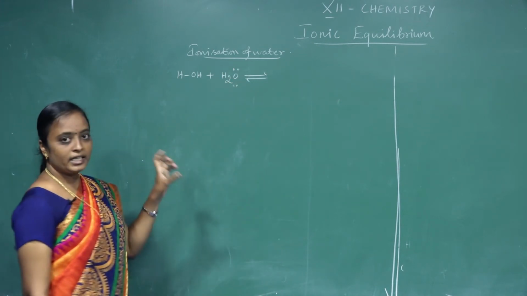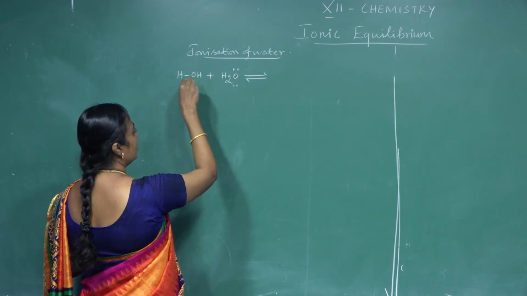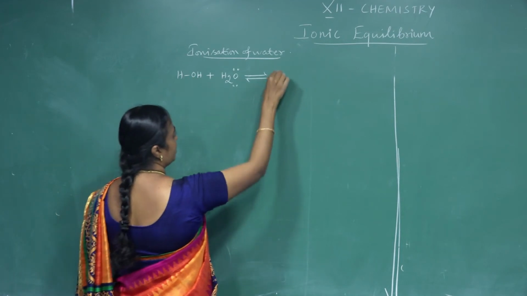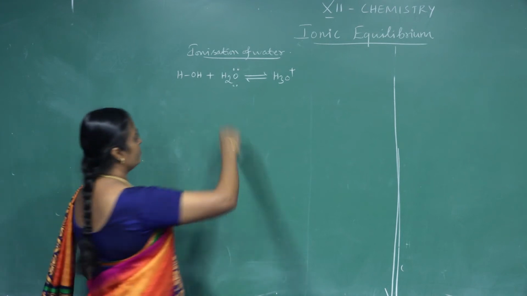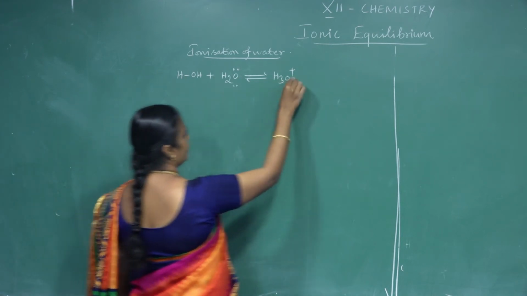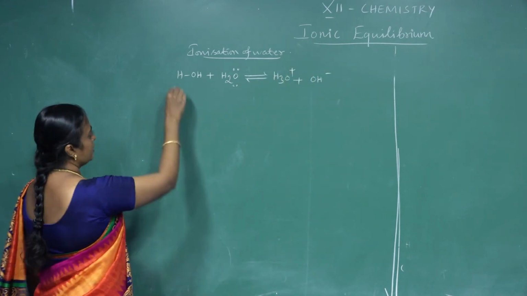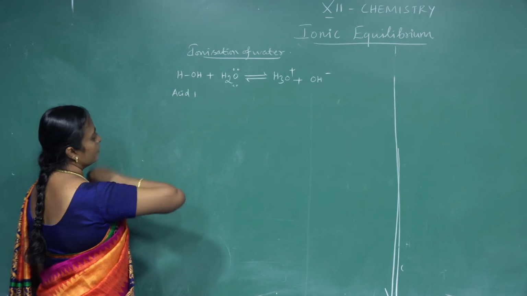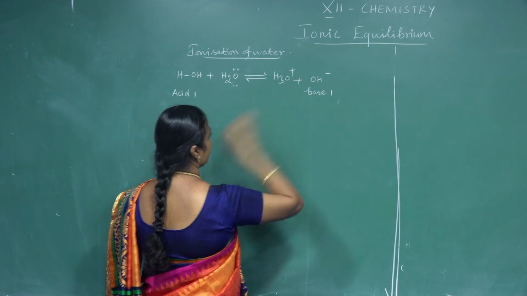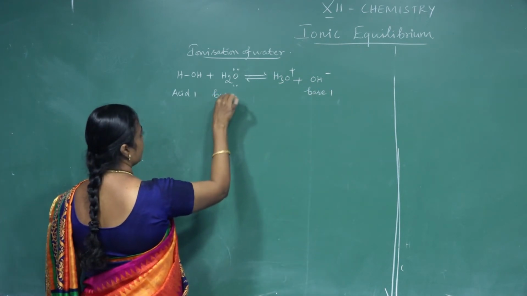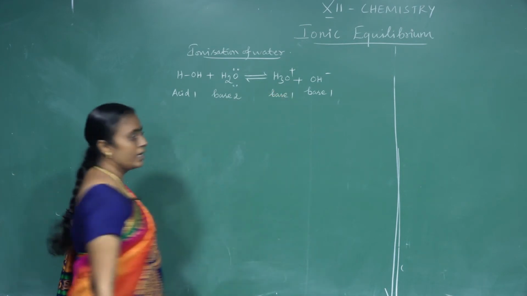This will act as a base. That base accepts a proton from the other water molecule and is converted into hydronium ion. In the same way, the other will give one proton and become a hydroxyl ion. So this is acid 1, and this is its conjugate base, and this is base 2, and this is its conjugate acid, that is hydronium ion.